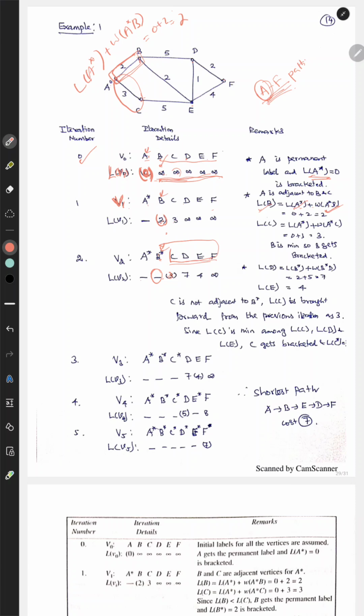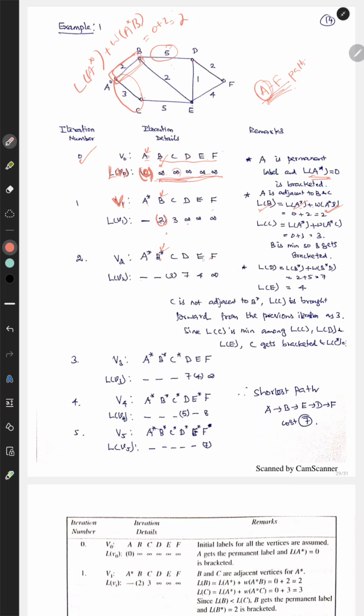Now for D, B is adjacent to D, its weight is 5, and B's permanent label was 2, so 2 plus 5, 7, is the possible label for D. In the previous stage it was infinity, so this label is less, and you will replace that infinity with 7.